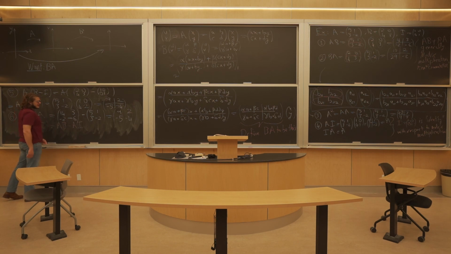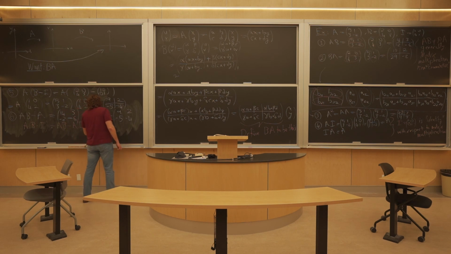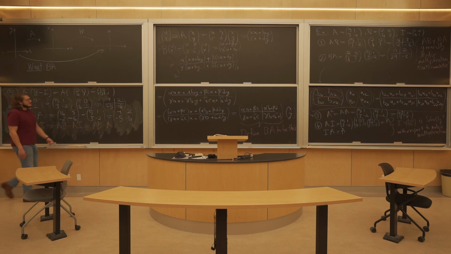I just distributed A, but I know that I doesn't do anything, so I can just think of it as not existing, which is the same thing as this. Okay? So it's no wonder that this turned out to be the same thing as this.